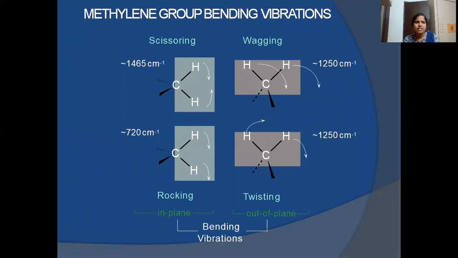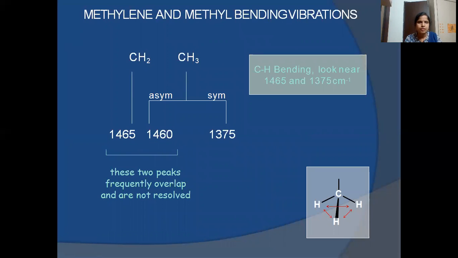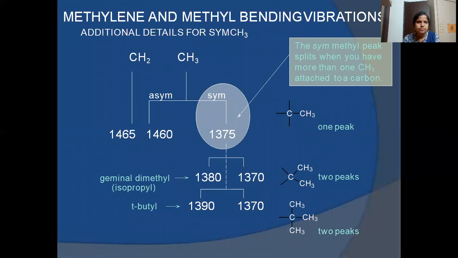We observe these CH bendings because of scissoring, wagging, rocking and twisting: 1465, 1250, and here 720. All these are bending vibrations. After finding out the functional group, only then do we look for the bending vibrations. All these are the same.